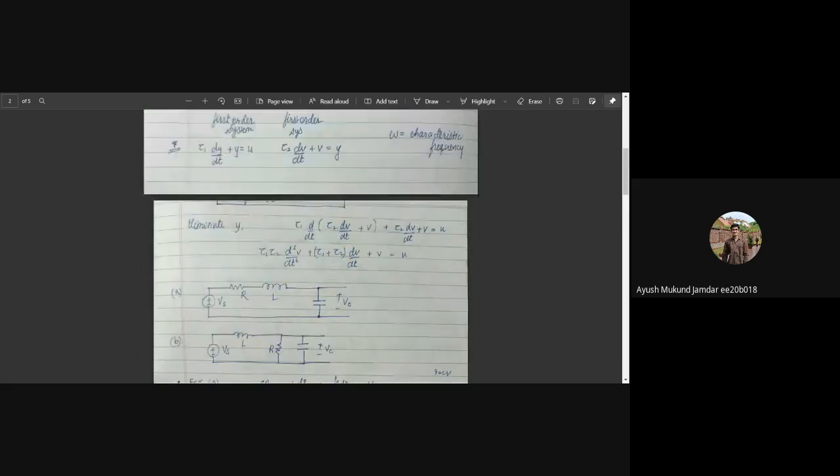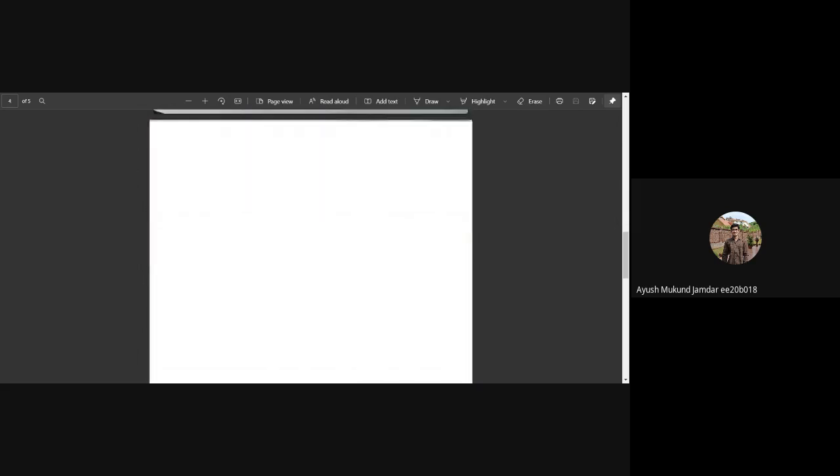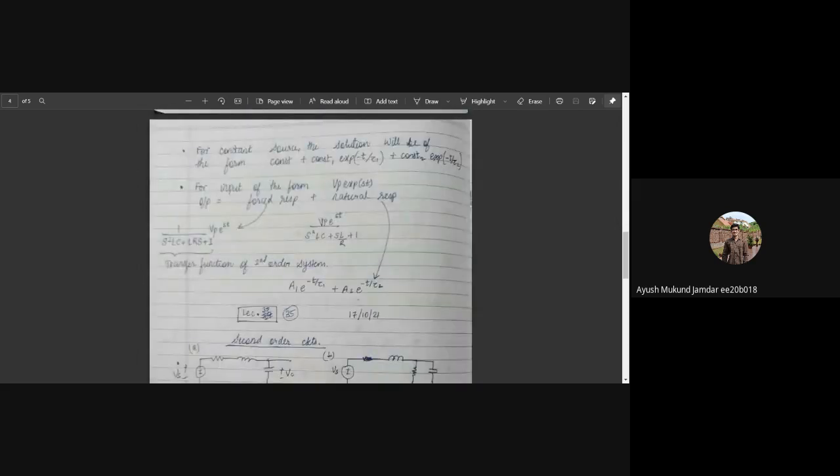So on comparing, we find that they are equal to the same equation we got for the general system. On solving this, we should get an answer comprising of the natural response plus the steady state response, or what we call the forced response. So this is what the output will look like.